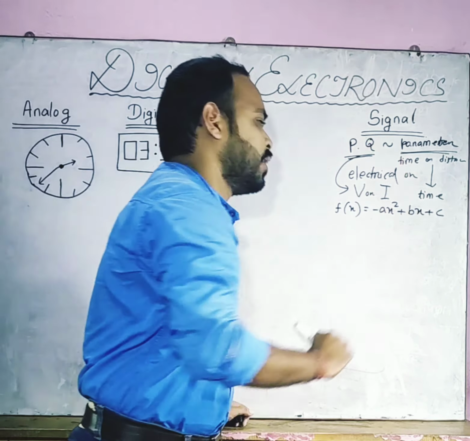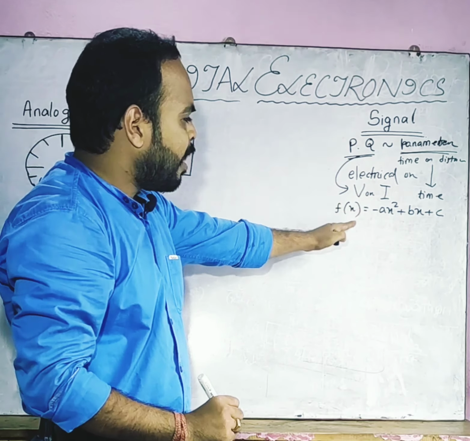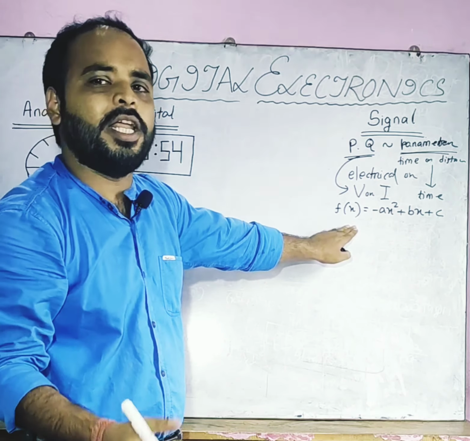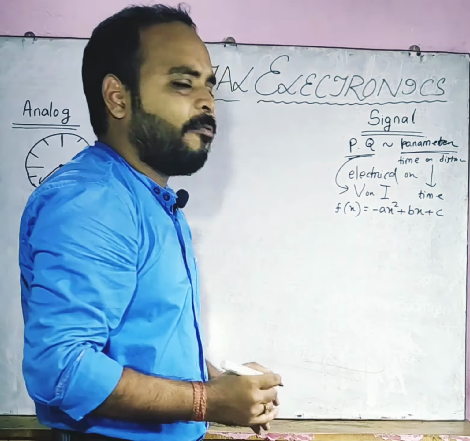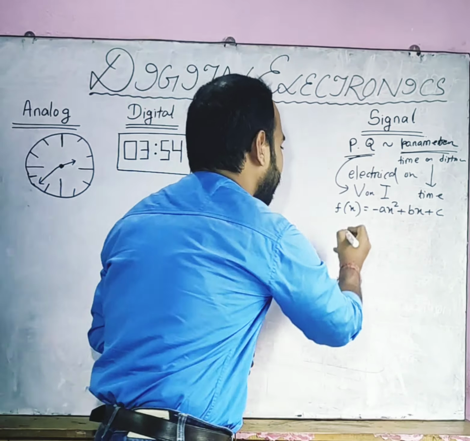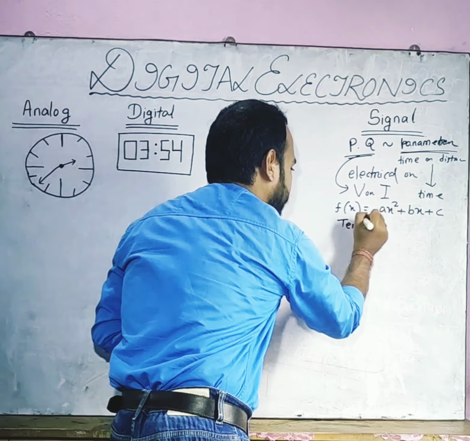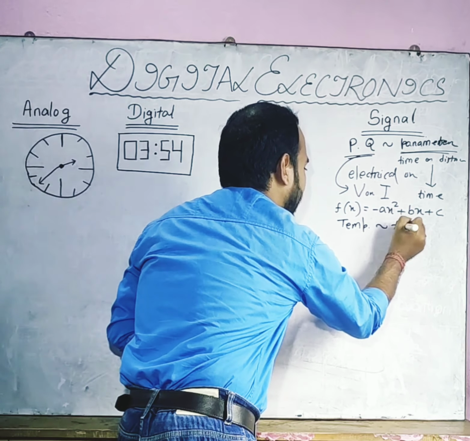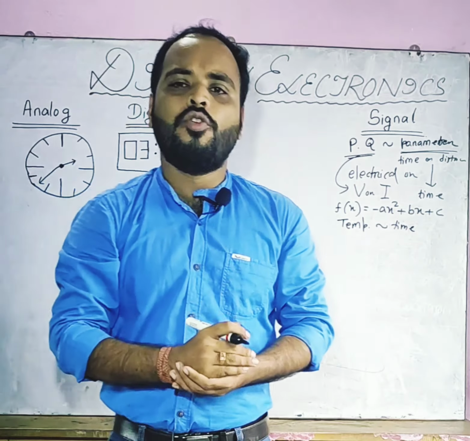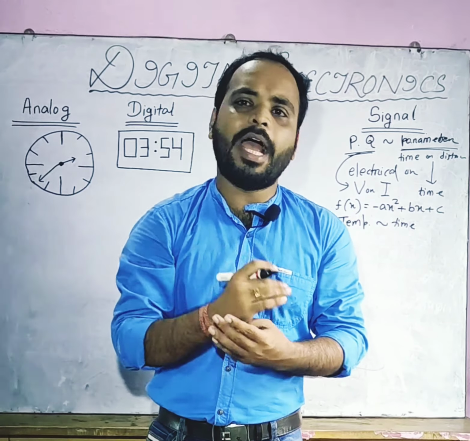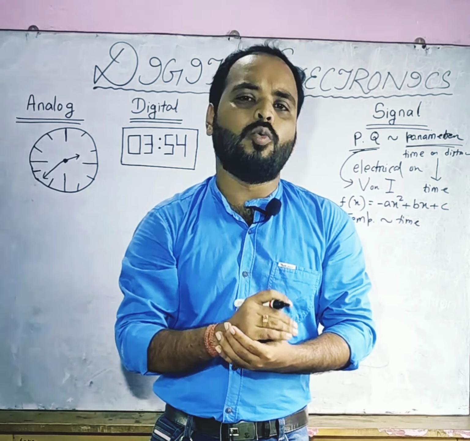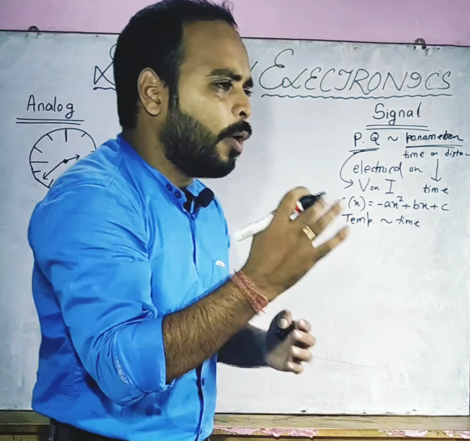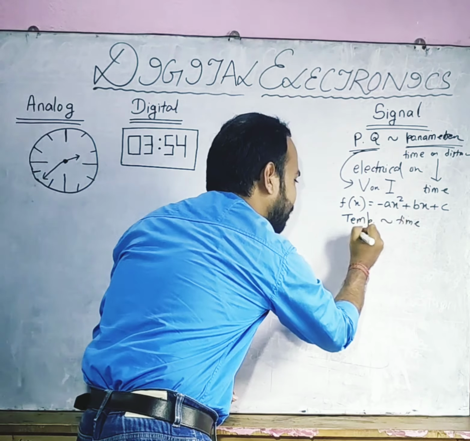So let us discuss a typical function whose equation is given by minus ax square plus bx plus c. You would probably have studied this function in your mathematics classes. Now let us study the variation of a physical quantity, that is temperature, with respect to time. Suppose we have to measure the temperature from morning 9 am to 9 pm. You will first have to plot the graph.